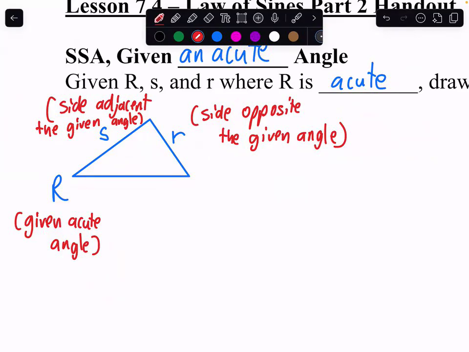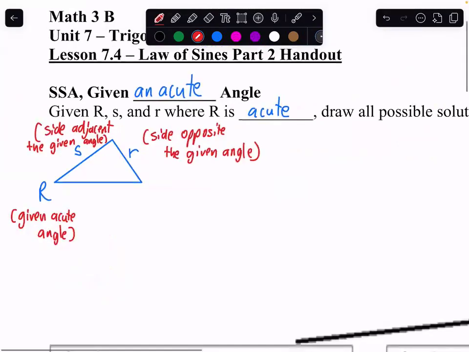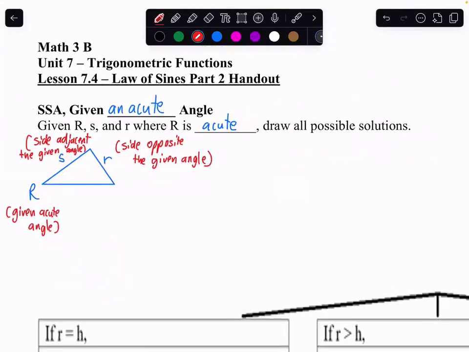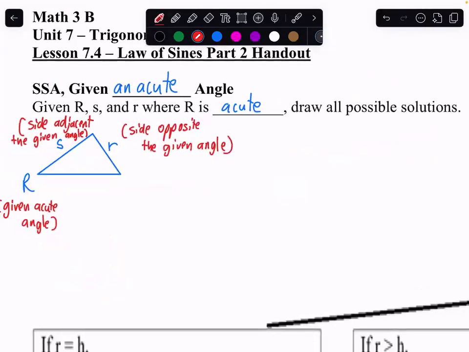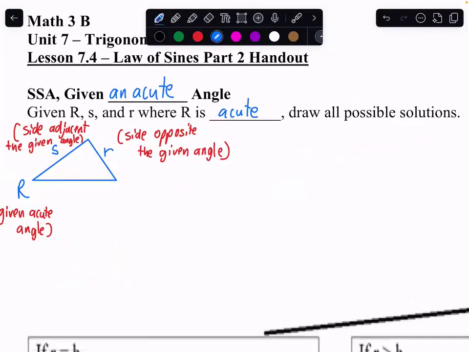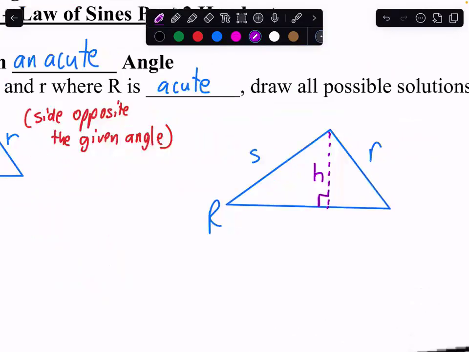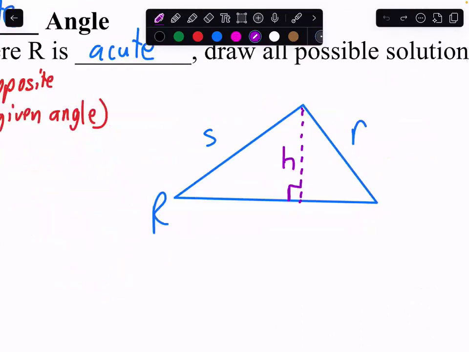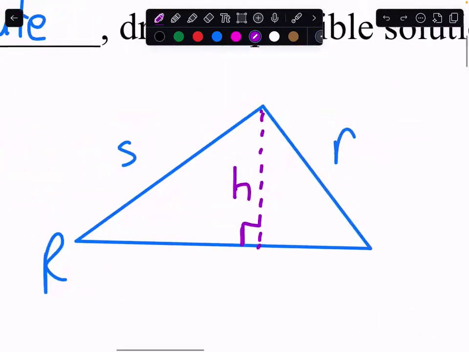Okay, so with these three things, let's quickly review how to find the height h. Let me just redraw it real fast so that it's not too crowded. So let's say we wanted to find the height of this triangle, which we call h. We have to start from capital R. That's the only angle we have.